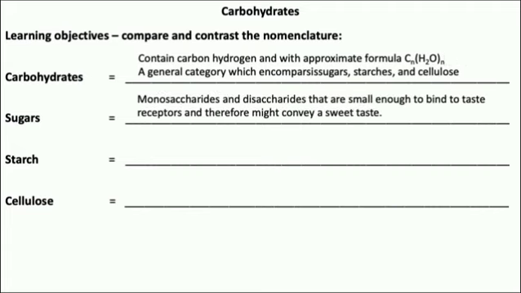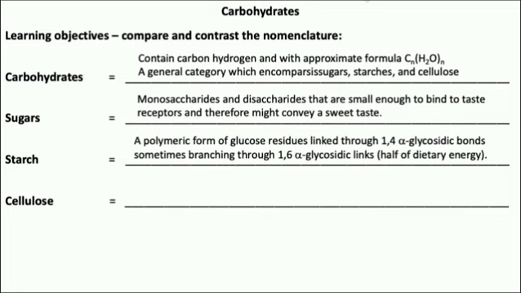CnH2nOn. Sugars are a subcategory of carbohydrate referring to small molecules, monosaccharides and disaccharides that are small enough to bind to taste receptors and often taste sweet. Starches, in contrast to sugars, are huge molecules, way too big to bind to taste receptors so they don't taste sweet.